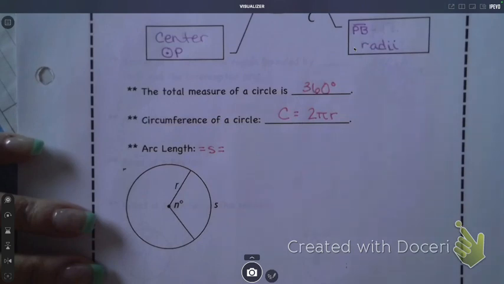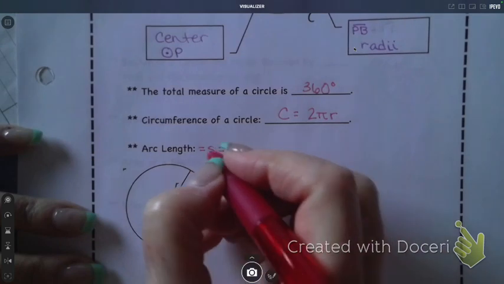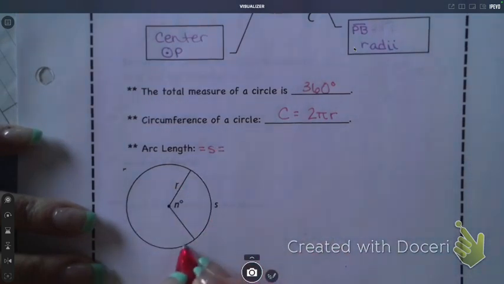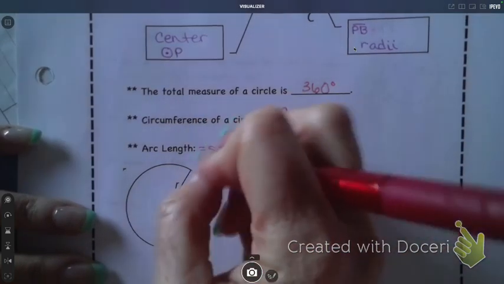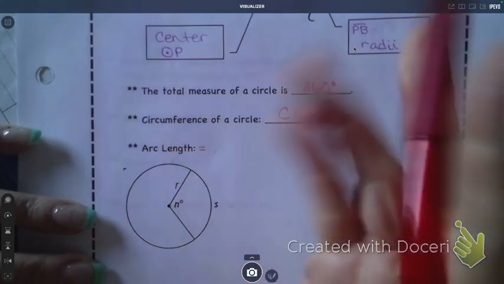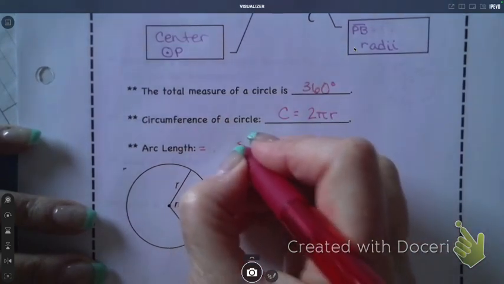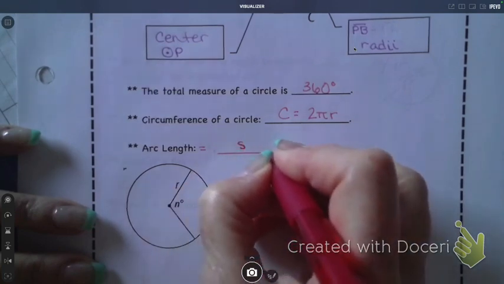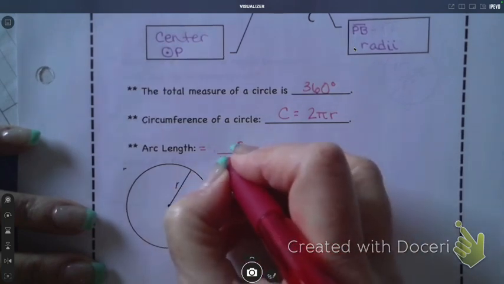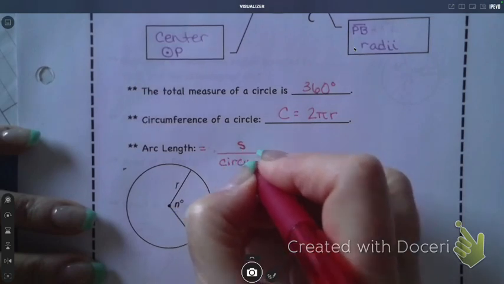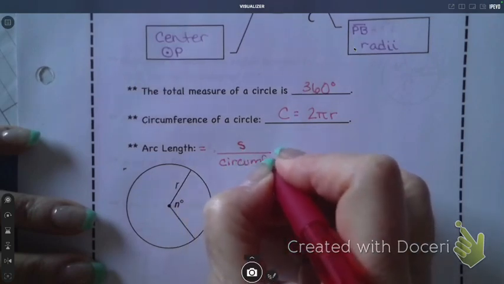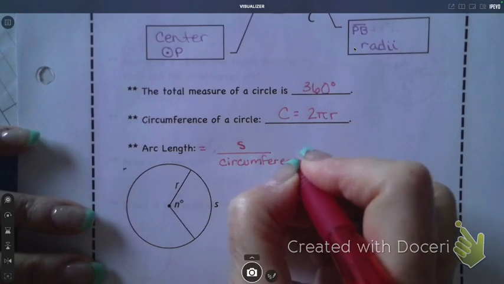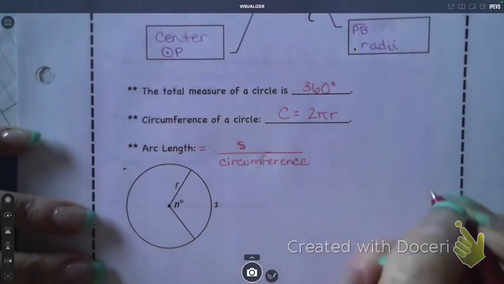Well, the total circumference, isn't this a fraction of the total? Okay, so I'm going to rewrite it like this. So I can say S is some fraction of the circumference of a circle.